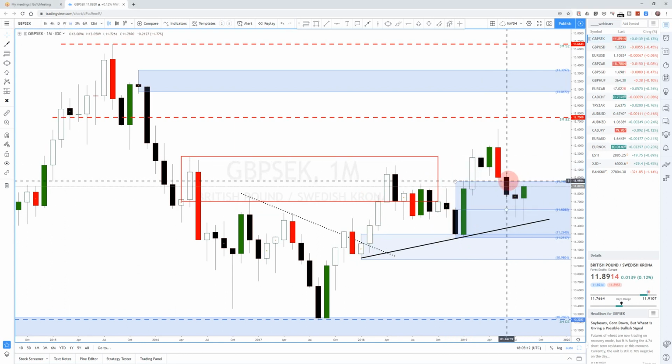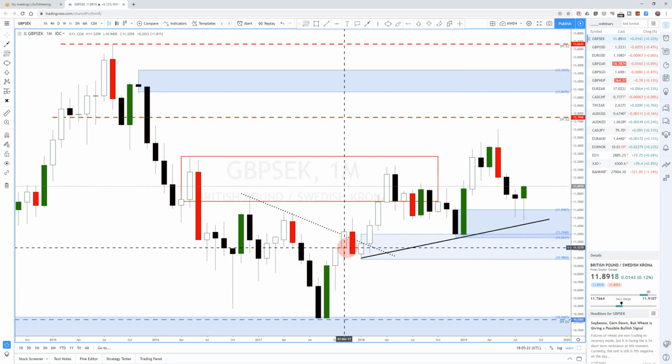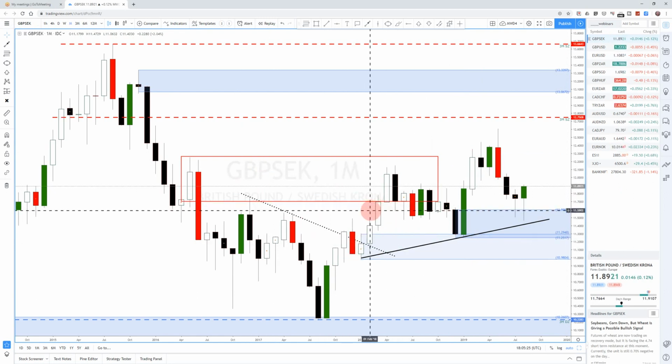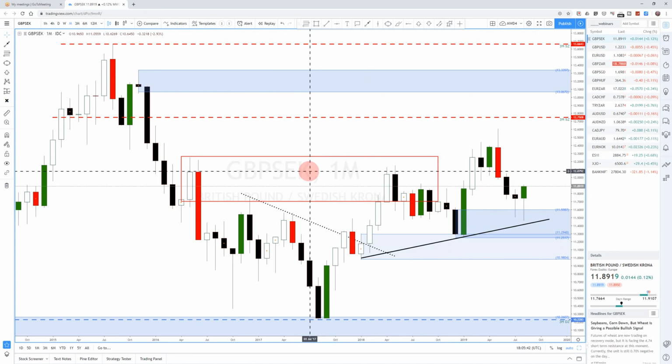Okay, then as we also know, each time frame and each asset has its own personality. Some assets, in this case pound versus the Swedish krona, have a certain way of moving, and the imbalances are created in such a way that some imbalances in this particular forex cross pair might look weak, to say an example, on this asset, but they could be strong on other assets that don't have so much volatility or liquidity.